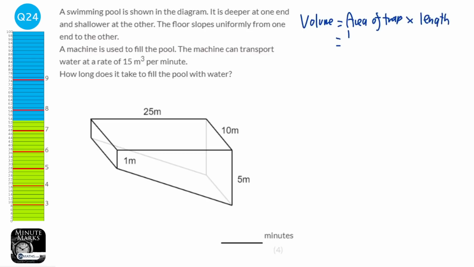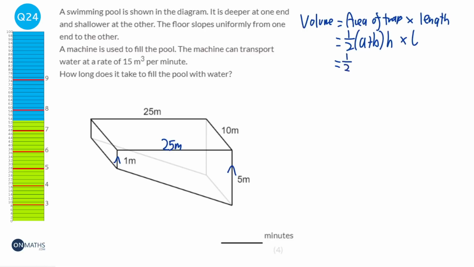So trapezium is half a plus b h, and then times the length. Now a and b are the two parallel sides, which will be this one and this one, and then the h is the perpendicular line that hits both of them at 90 degrees, which is what perpendicular means, between the bases. So this will be the 25 meters here.